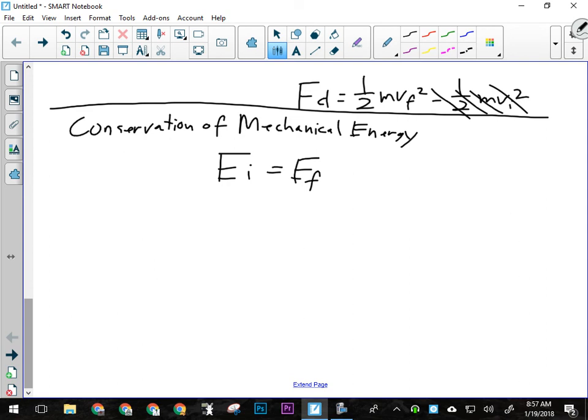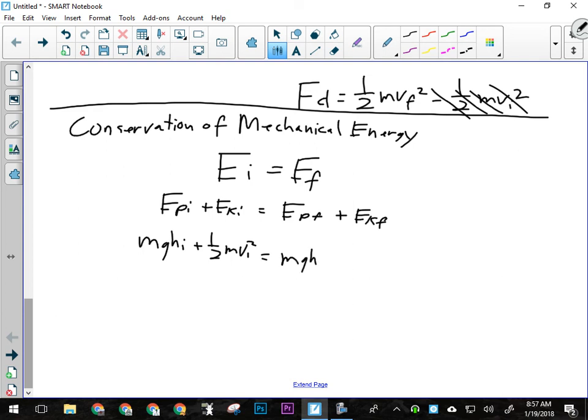Potential and kinetic. So that means that we have EPi plus EKi equals EPf plus EKf. And then we expand that further to include the formulas: m times g times h initial plus 1/2 m times v initial squared equals m times g times h final plus 1/2 times mass times v final squared.